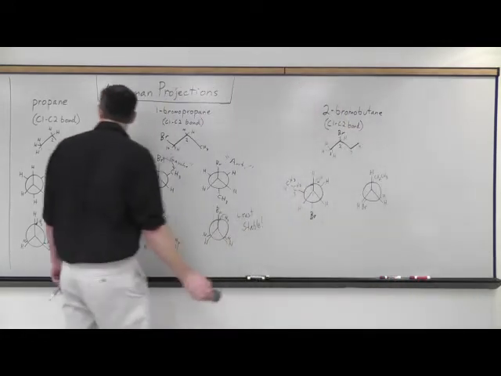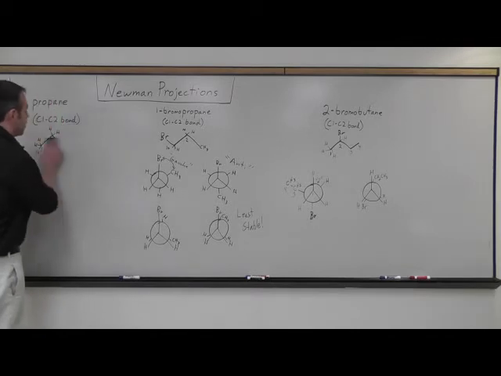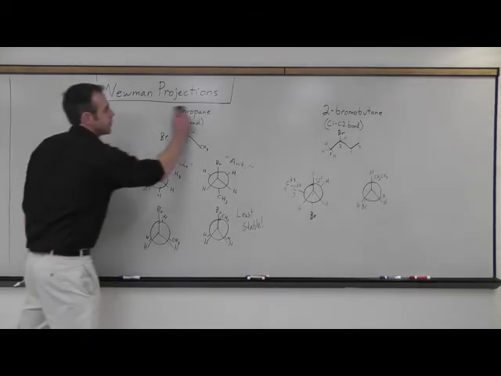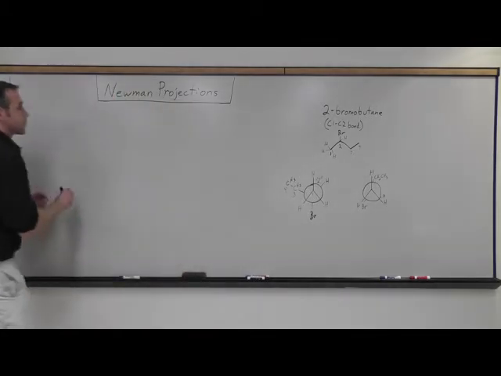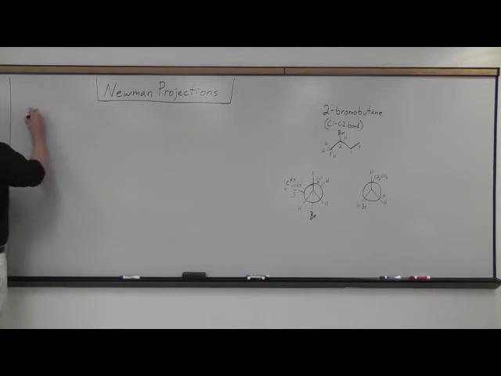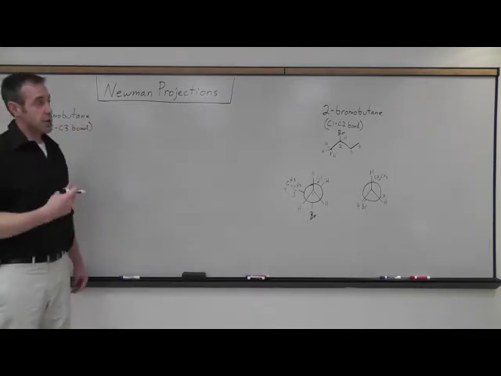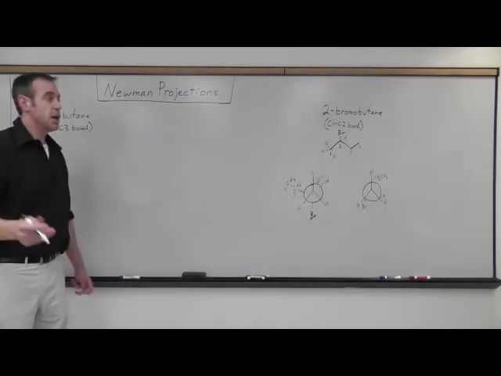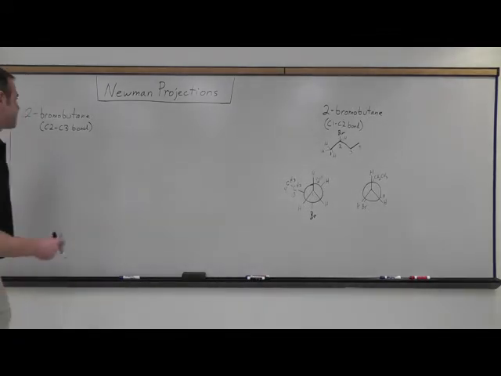Moving on from that, we want to look at the same molecule, but now from a different perspective. So we're still looking at 2-bromobutane, but now we want to look down the carbon 2, carbon 3 bond and see what you can come up with for different Newman projections that represent different energy states.